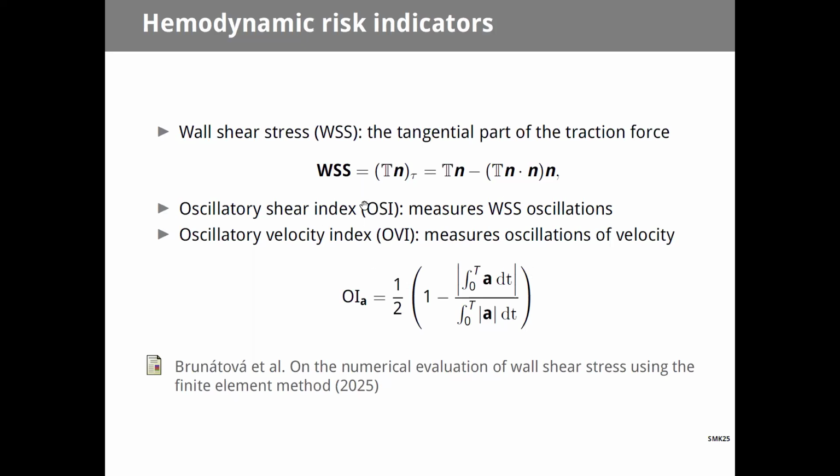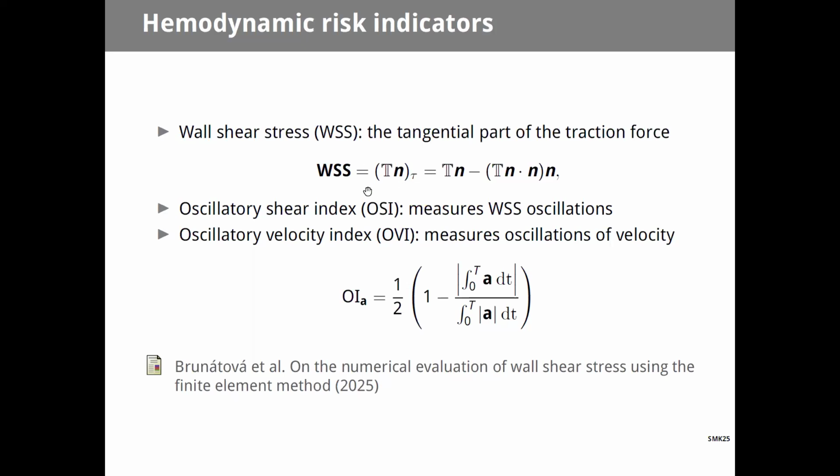You can define other quantities like the oscillatory shear index or oscillatory velocity index with these formulas, and they are also considered interesting quantities that can influence the behavior of the wall.